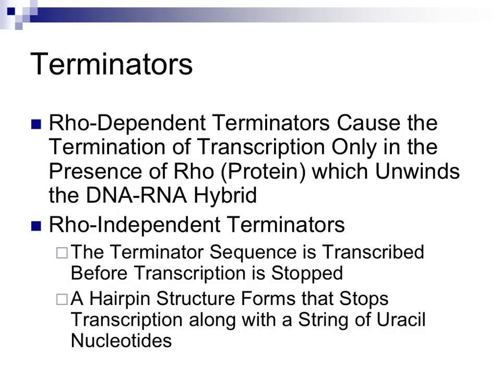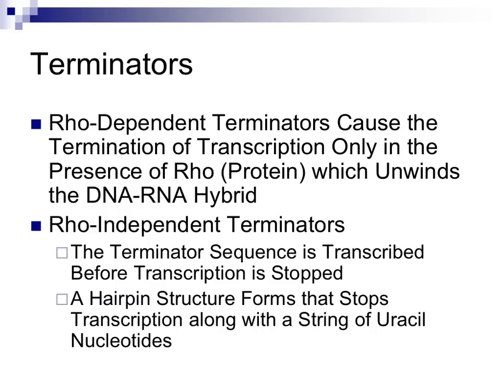So what is rho-dependent termination? In this particular case, there is a protein called Rho, and in the presence of Rho, transcription will terminate because the Rho protein separates the RNA from the DNA and physically stops transcription.